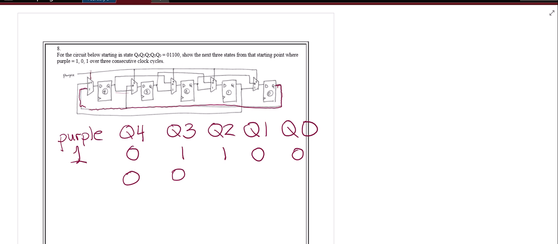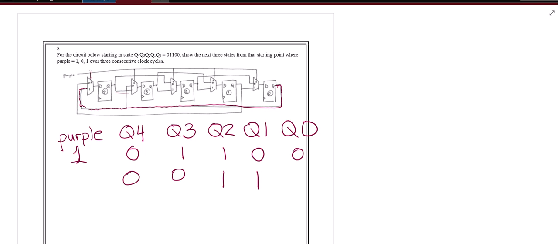Q2, what's coming into the 1 input is the output from Q3. And again, I want to look at what Q3 was before, not its new value, and that's 1. And then Q1 is whatever Q2 was before, which is 1. And then Q0, what's Q0?